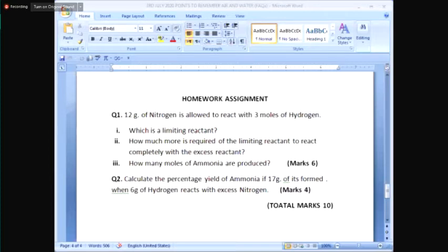Or you can be smart enough. You'll say 1 mole of nitrogen reacts with 3 moles of hydrogen. So again, 3 moles of hydrogen would react with 1 mole of nitrogen, but the moles given are how much? 12 over 28.